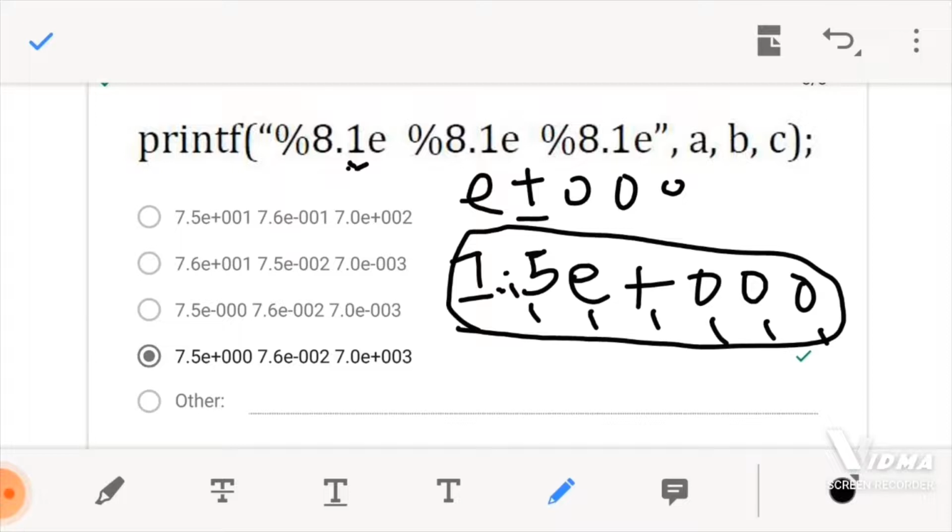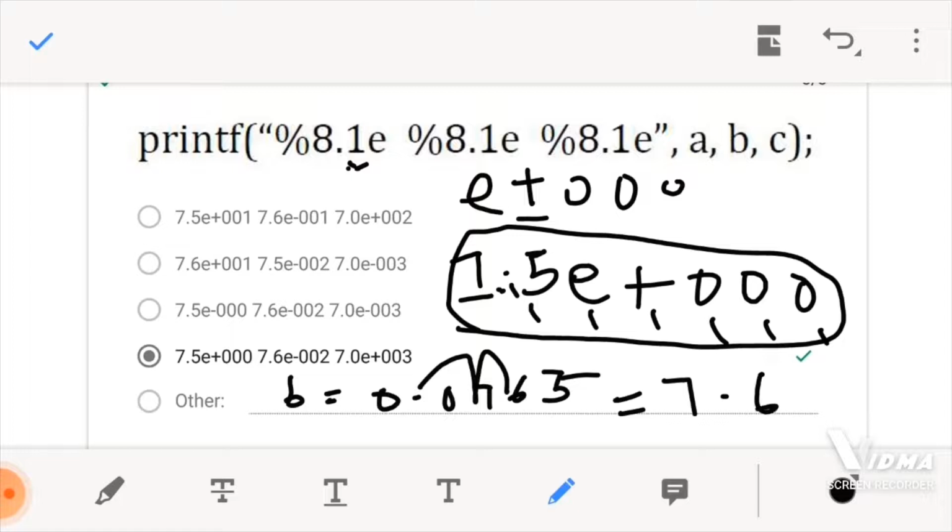For the second one, we realize that B was initialized to 0.0765. Now, according to what we do as scientific notation, we move our decimal point from the left to the right, 1, 2, so 2 spaces, and we would get 7.65.